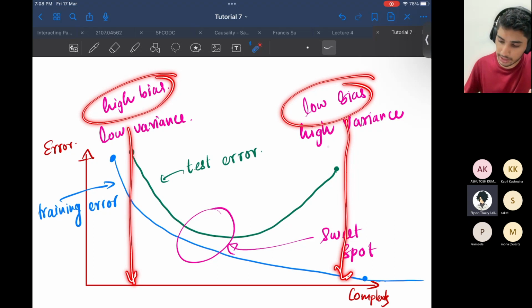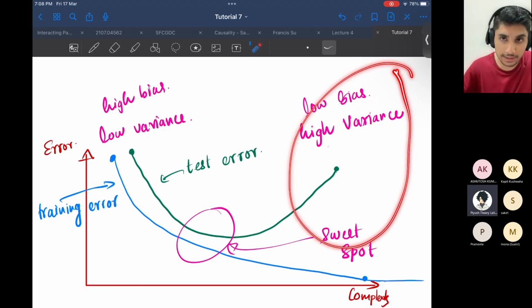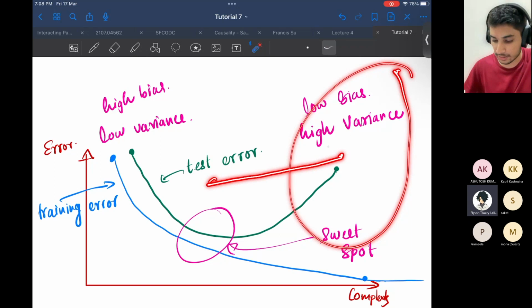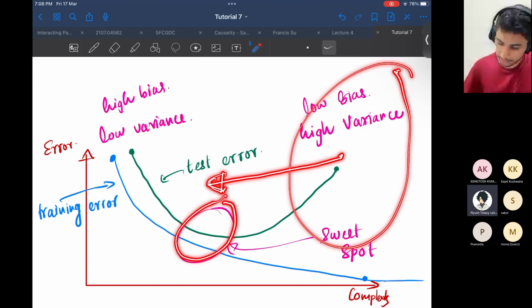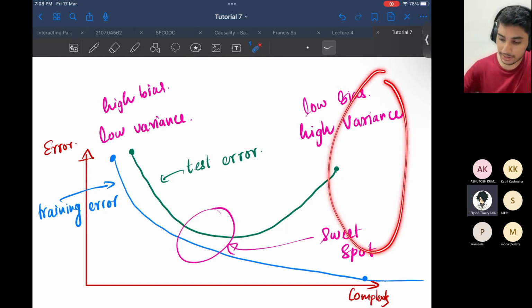Now, would you agree that if I start from a high variance region, hear me out, and I keep increasing the bias of the model, I move in this direction, hopefully I will reach this area? What I'm saying is, start from this high variance region and increase the bias of your model.